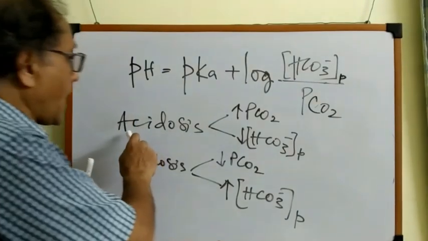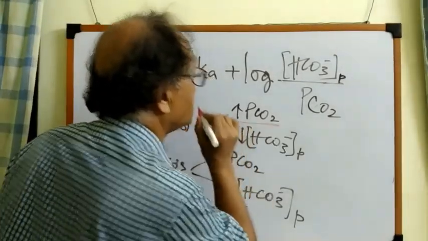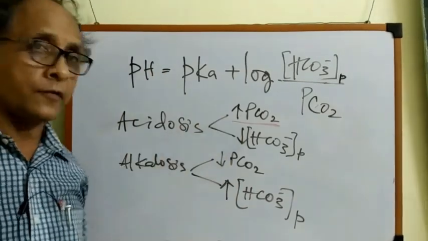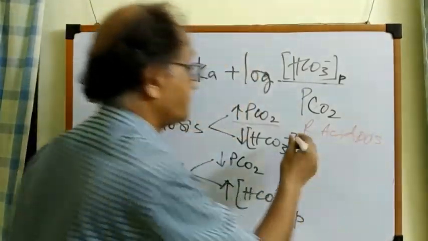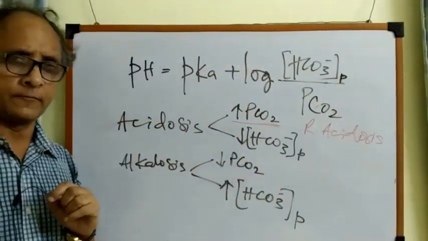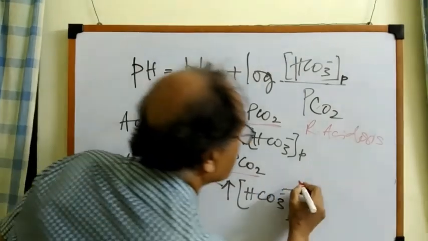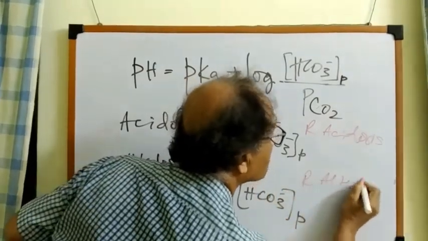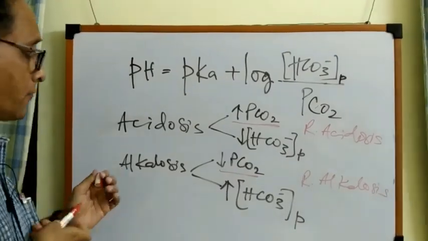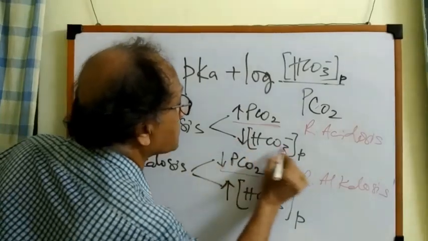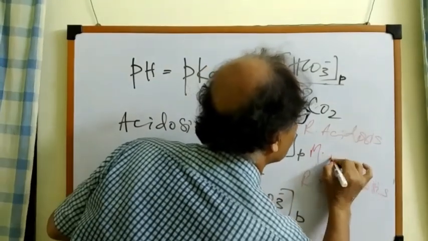Now, when acidosis is due to a change in PCO2, it is known as respiratory acidosis, that is, acidosis due to a respiratory cause. When alkalosis is due to this, it is known as respiratory alkalosis. In other words, if the acidosis is due to a reduction in the plasma bicarbonate concentration, it is known as metabolic acidosis.